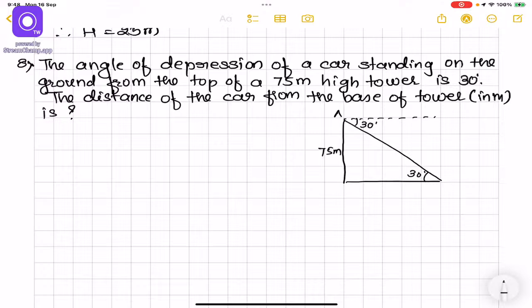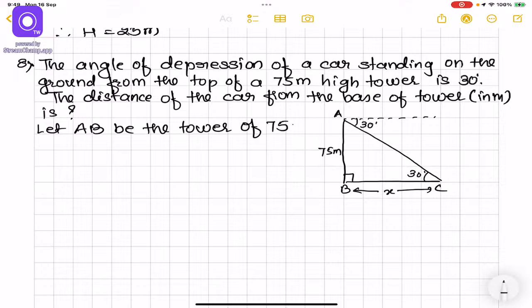So I can give the name A, B and C, and I have to find X. Let AB be the tower of 75 meter and CB be the foot x meter.